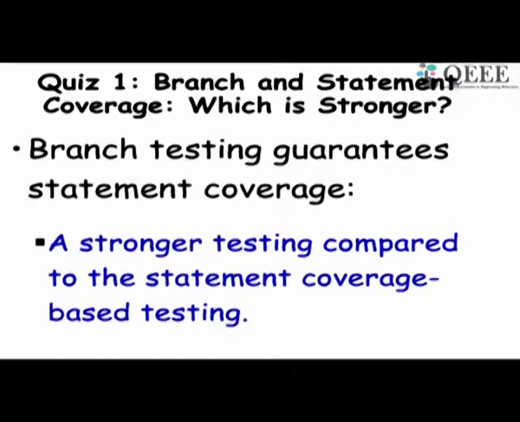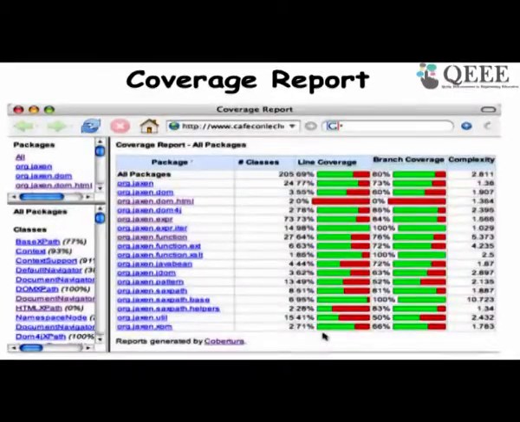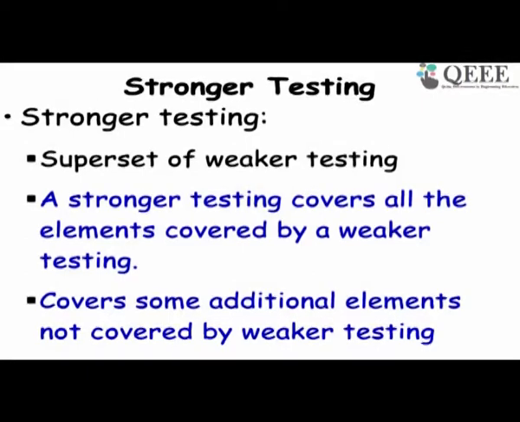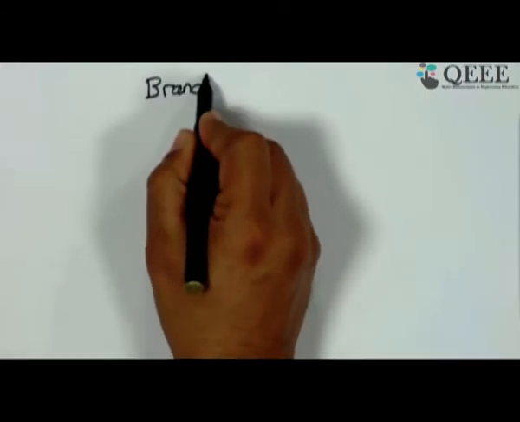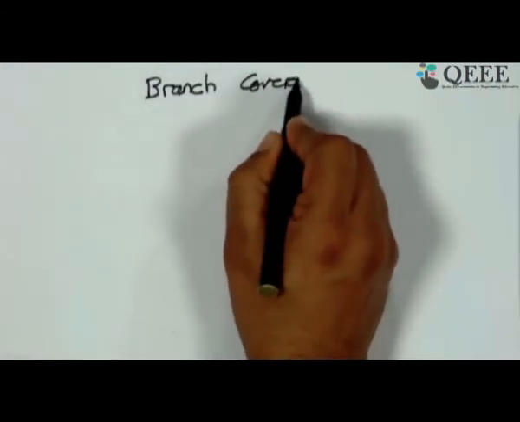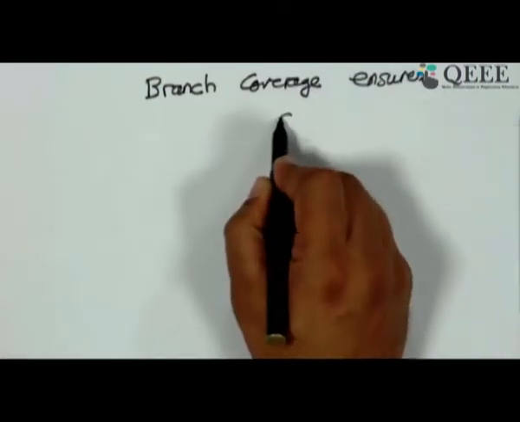So there are 2 clauses here. The first is whether branch coverage will guarantee statement coverage. This is the definition of stronger testing, so we already know that. I don't have the solution written down, so let me write it here. To show something is a stronger testing, we need to show that branch coverage ensures statement coverage.